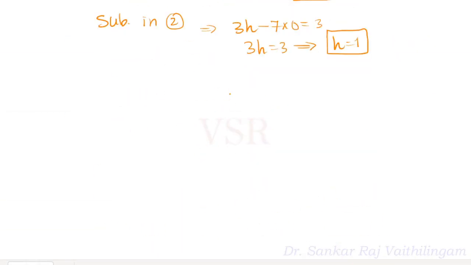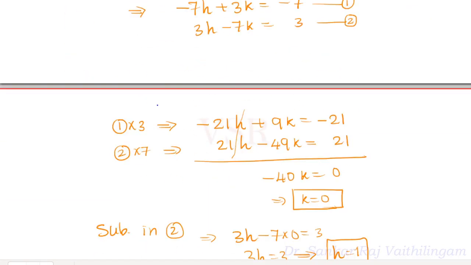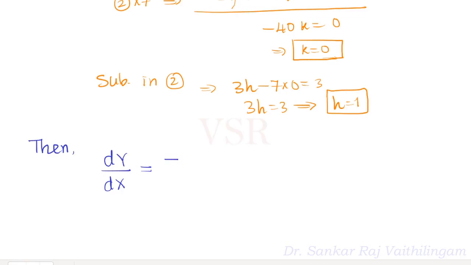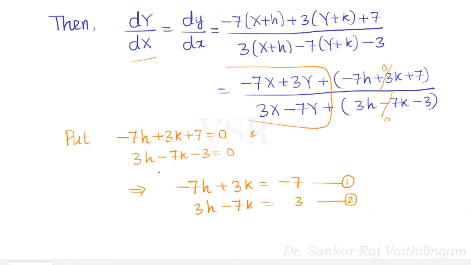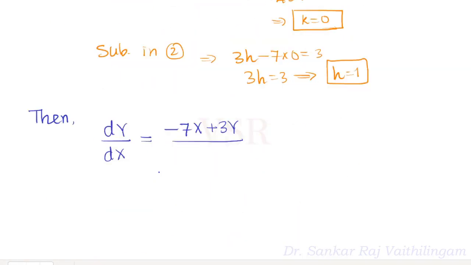So hence, then what we are having is d capital Y divided by d capital X which is equal to minus 7x plus 3y divided by, அடுத்தது இருக்கு 3x minus 7y. Okay, which is a homogeneous equation.